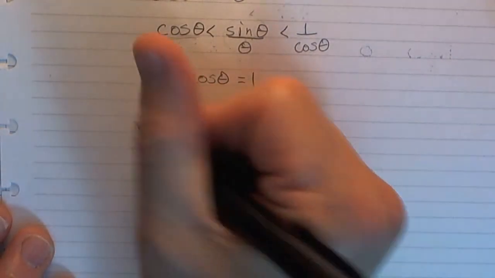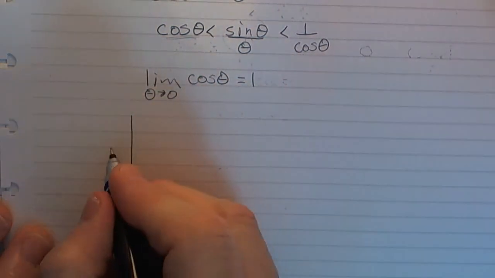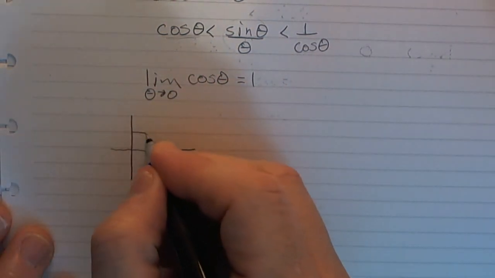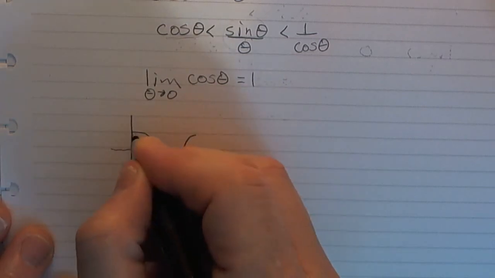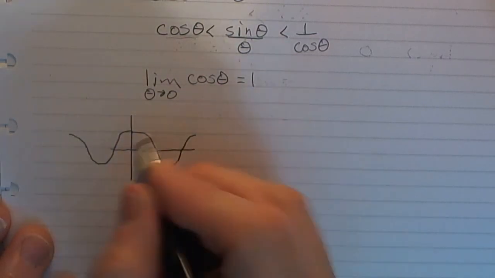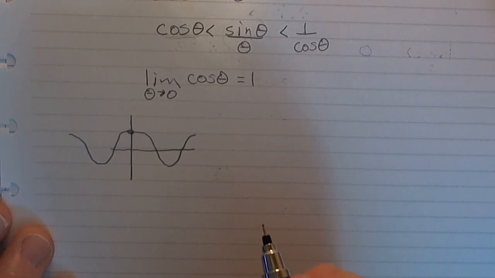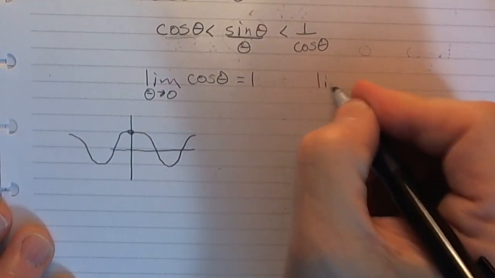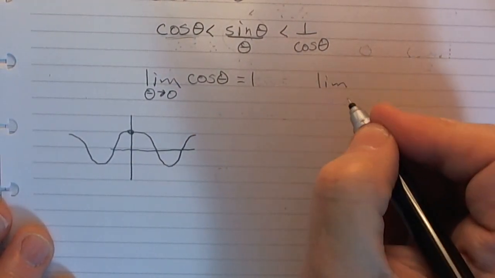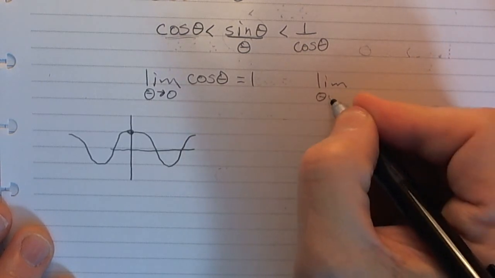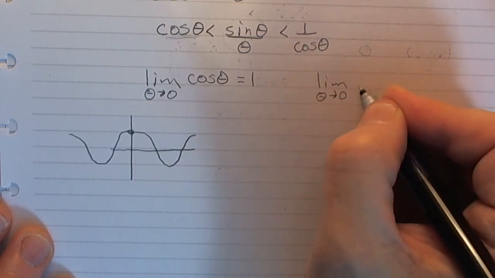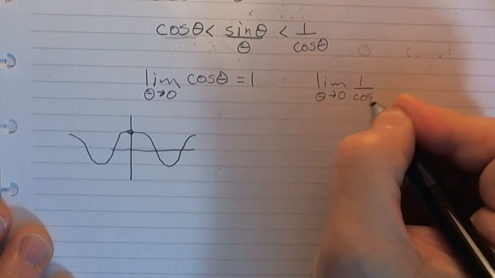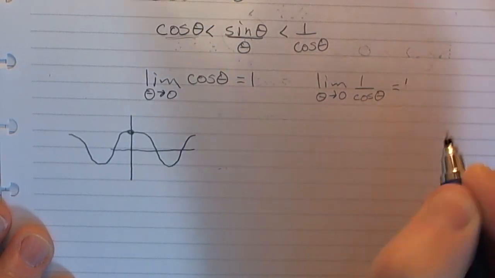If you remember what the graph of cosine looks like, you can see that limit would be 1. Now let's take the limit as theta goes to 0 of 1 over cosine. That's also going to be 1.